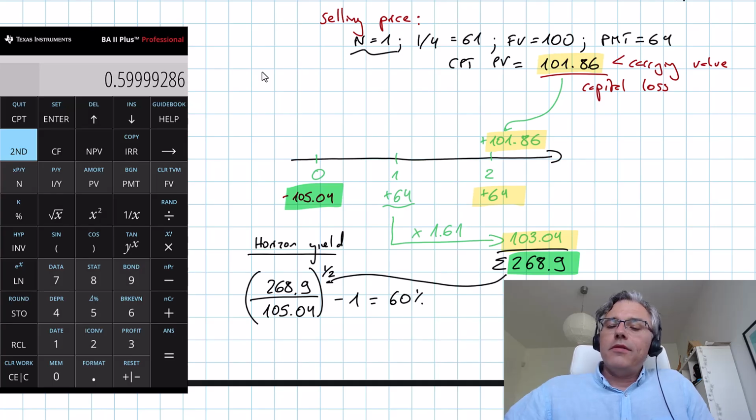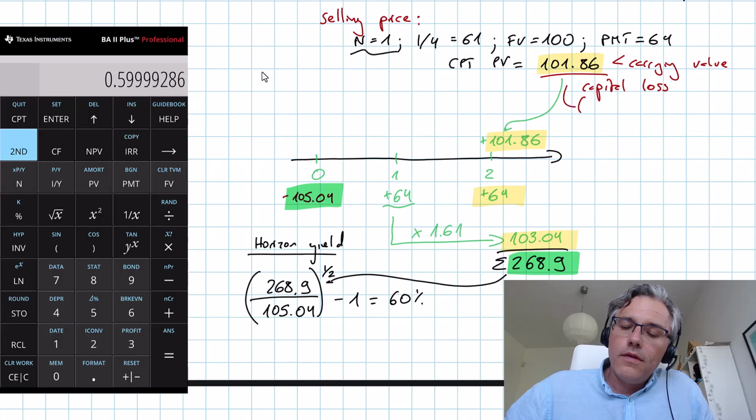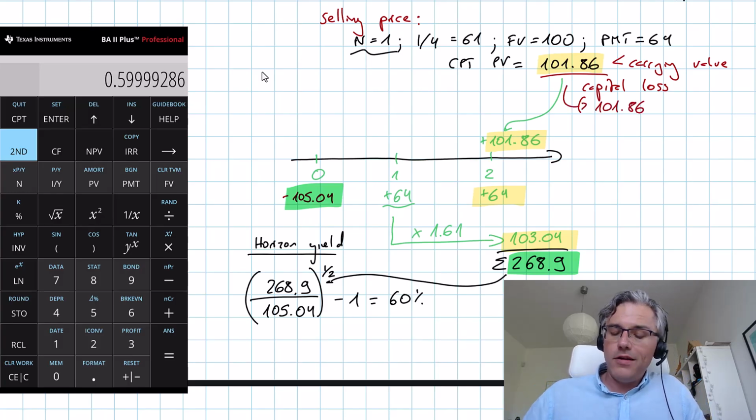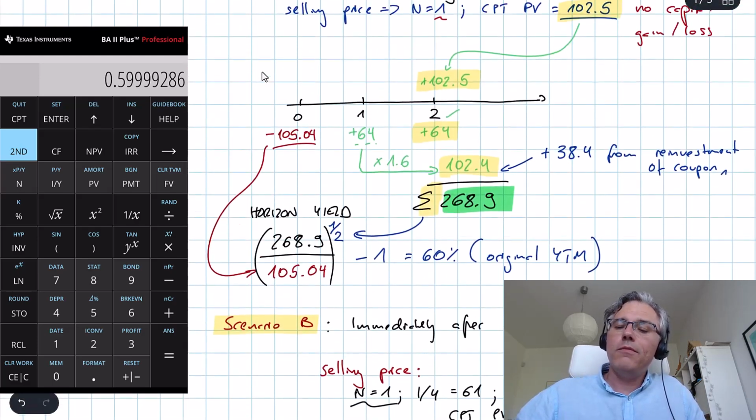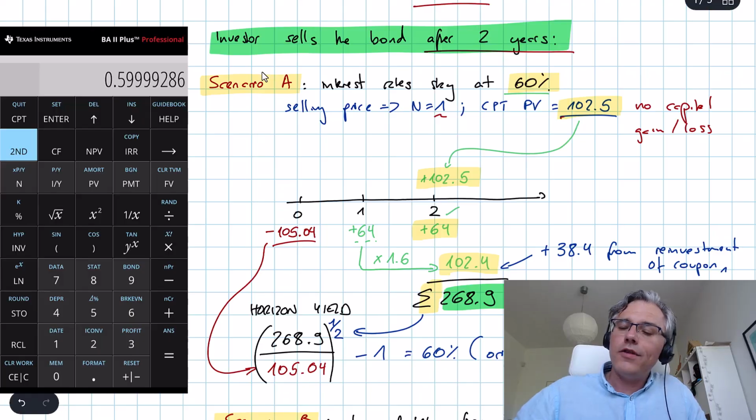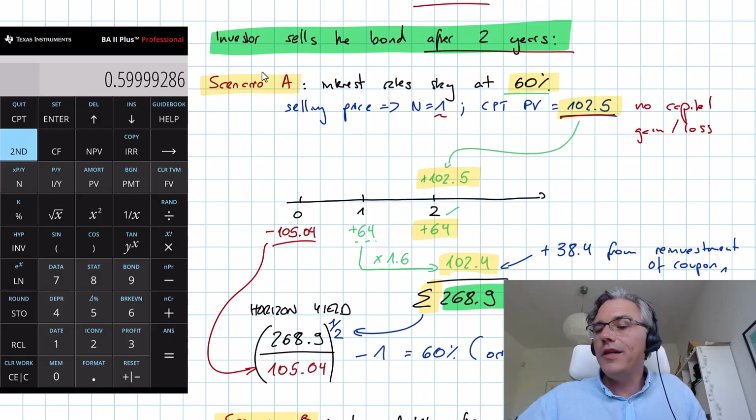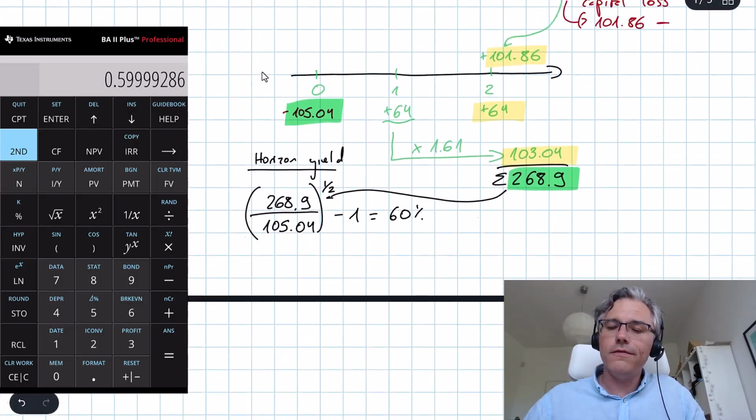How much is that capital loss? Well, what you have to do is compare this amount, 101.86, for which the bond was in fact sold, with the price for which the bond would sell if there had been no change to the yield, if the yield had stayed at 60, and that was 102.5.